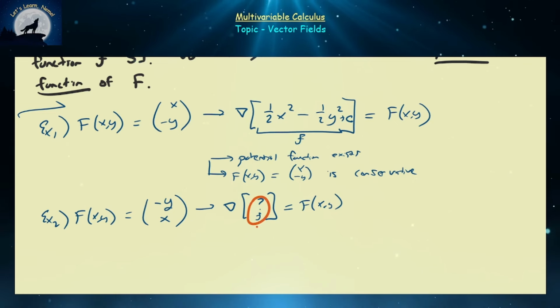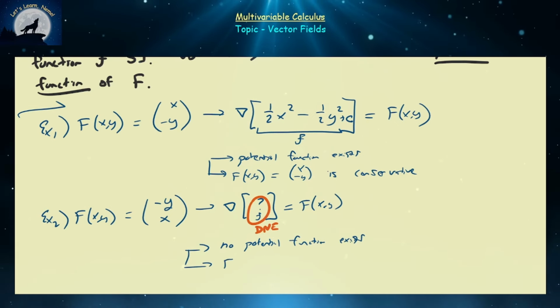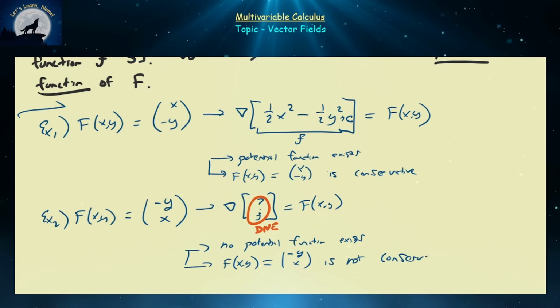So since that function f does not exist, no potential function exists, which means that the vector field F of x, y equal to minus y, x is not conservative. So if you can find a potential function, it's conservative, and if you can't find one, or moreover, if you can prove that it doesn't have one, that means that vector field is not conservative.